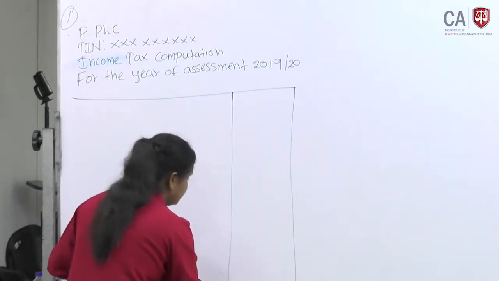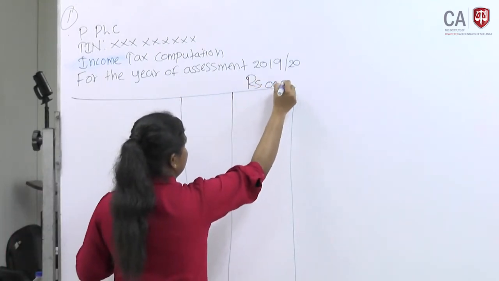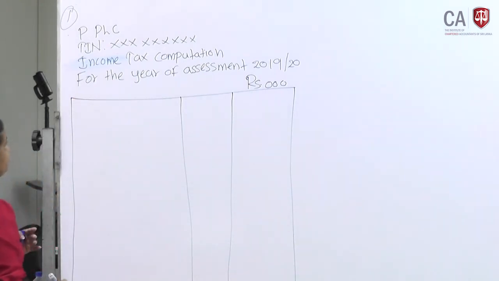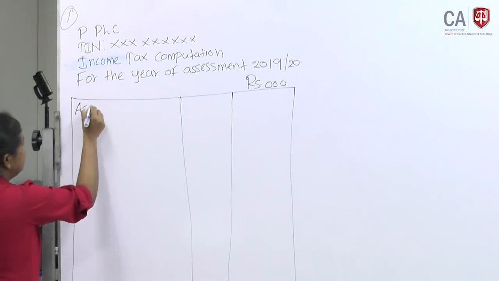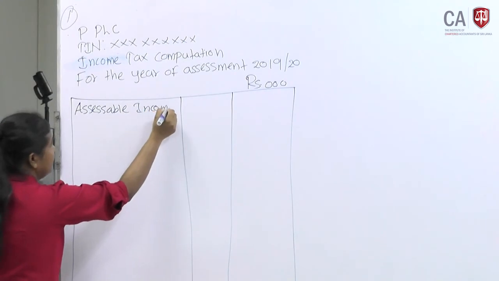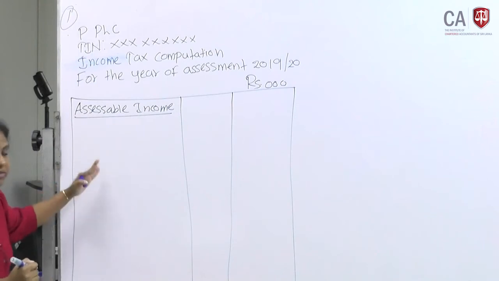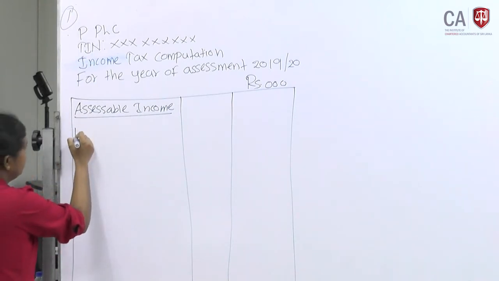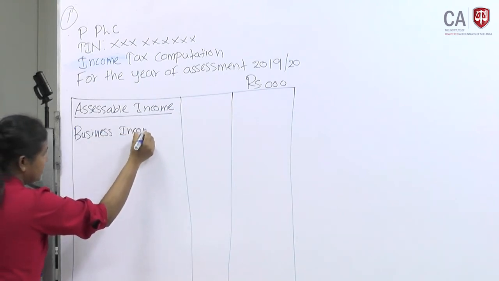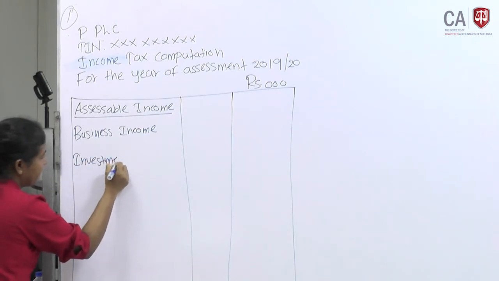Then the amounts may be in rupees or thousands, and here, assessable income. In the assessable income for a company, we know we have 2 main sources: first, the business income, and second, the investment income.